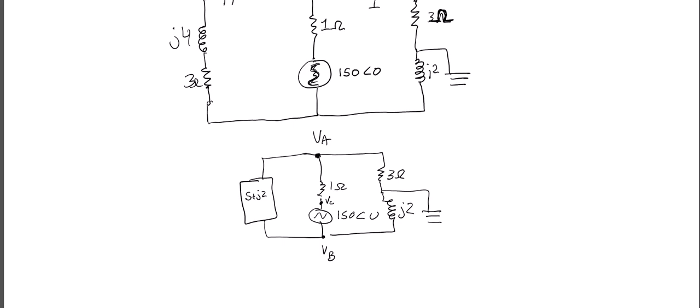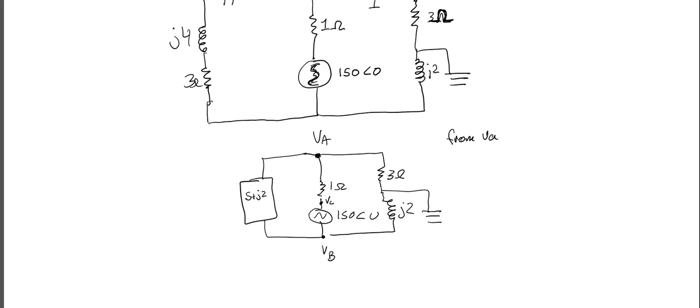Okay, so coming from VA, the way you do nodal analysis is you do the voltage at where you're starting minus the voltage on the other side over the impedance in between.